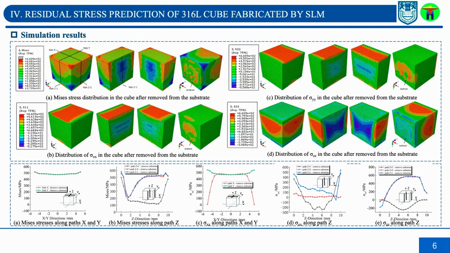This is the residual stress obtained by the MIS method, and we can see in these pictures that sigma x and sigma y are distributed in the part with almost the similar pattern, and sigma zz is distributed quite differently from sigma x and sigma y.